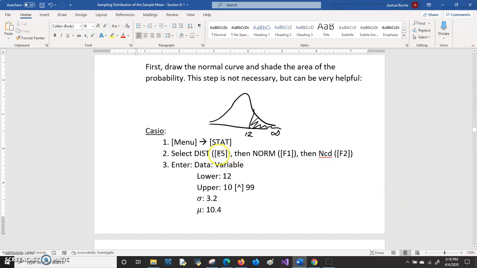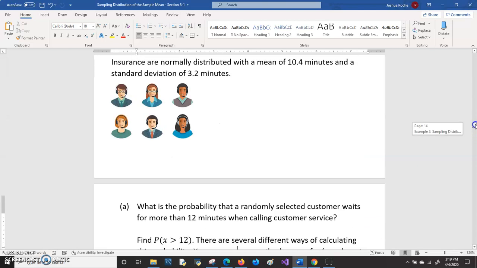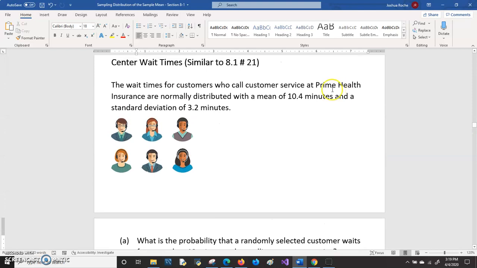On the Casio calculator, 12 would be your lower bound, that's the left boundary. Infinity is your right boundary, the upper bound. The standard deviation given in the problem was 3.2, and the mean was 10.4.